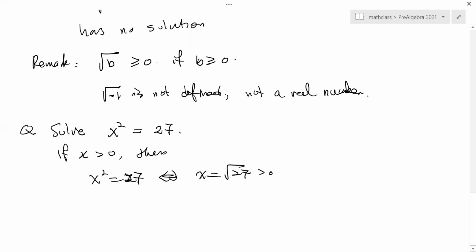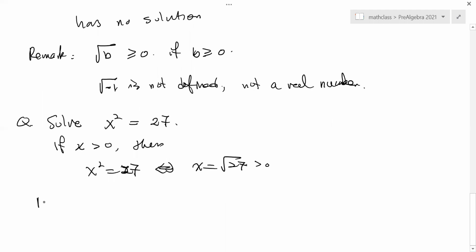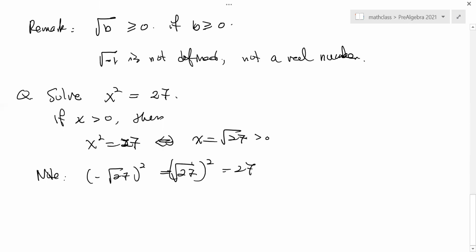But we also know that the negative square root of 27, squared, is 27, because the square root of 27 squared is 27. So the negative square root of 27 is also a solution. So x equals negative square root of 27 is also a solution.